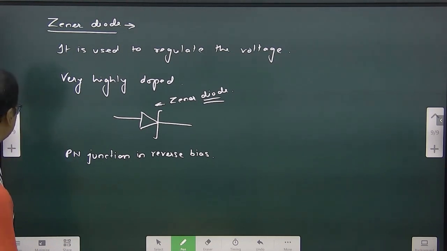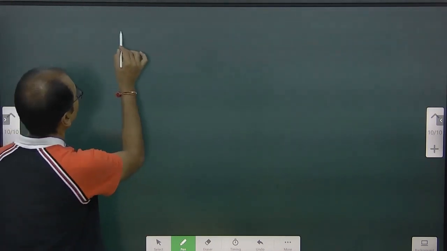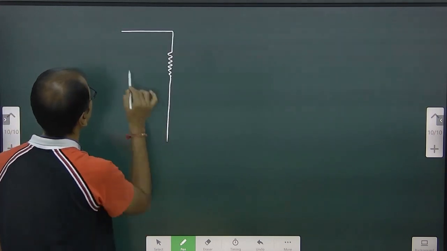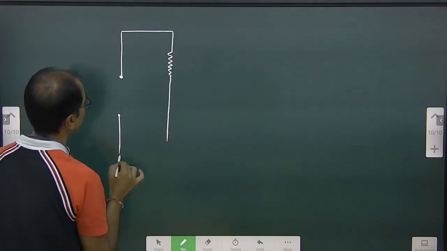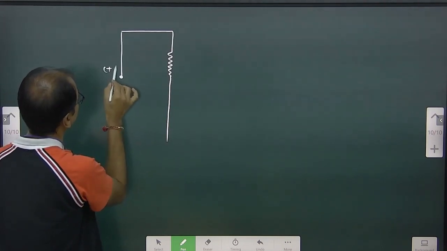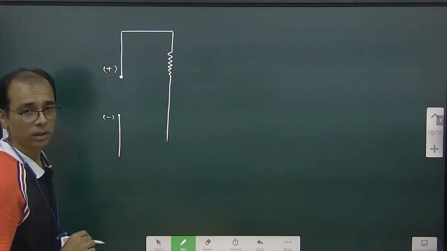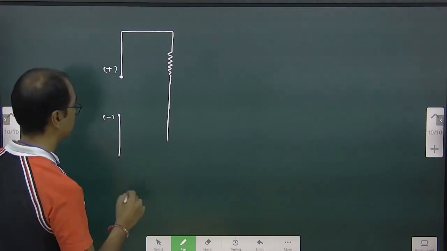Done? Okay, see. So what we are going to do, we are going to have a resistance here. Okay, this is the supply, positive, negative, and here is our PN junction diode, and it is connected in reverse bias.